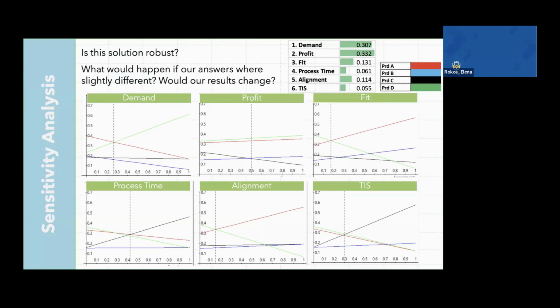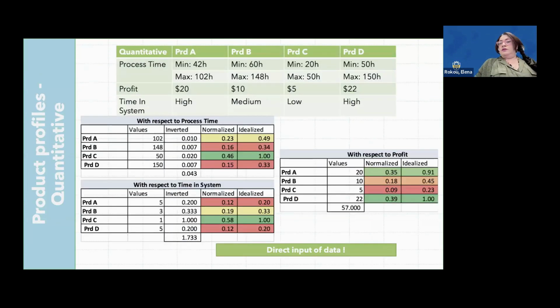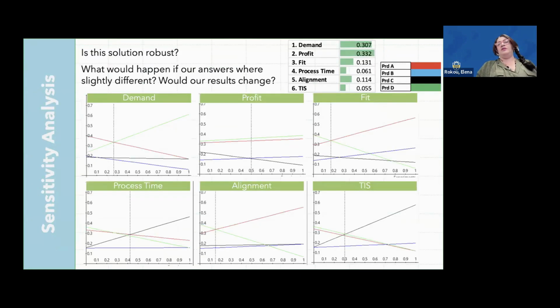While the more you care about profitability, the more B becomes a better solution than C, because C gives me 5, B gives me double that amount. So the more the profit becomes important, the more appealing solution is product B versus C, which makes sense.